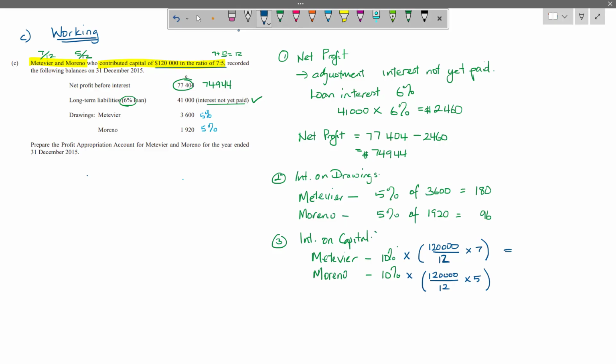So 70,000 by 10%, that's $7,000. And 50,000 by 10%, that's 5,000. This is the interest on capital.